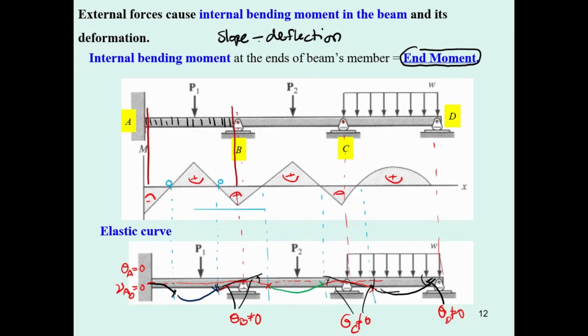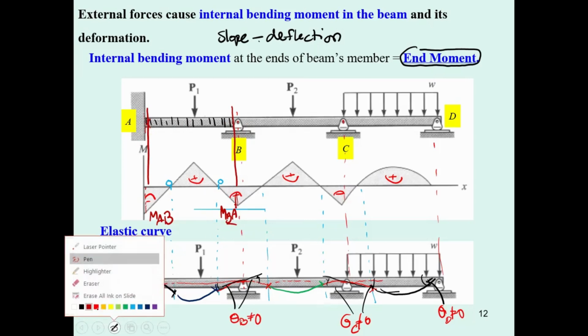The moment on the left of point B, we call M sub BA. And we call the moment on the right-hand side of point A M sub AB. M at point A, when the other point is B, we call M sub AB. M at point B, when the other point is A, we call M sub BA.